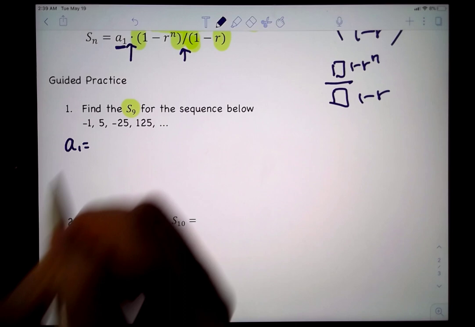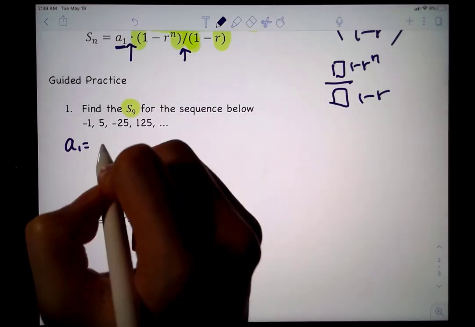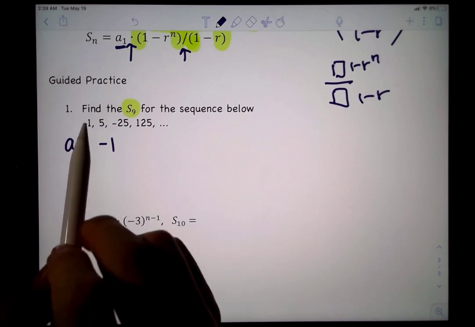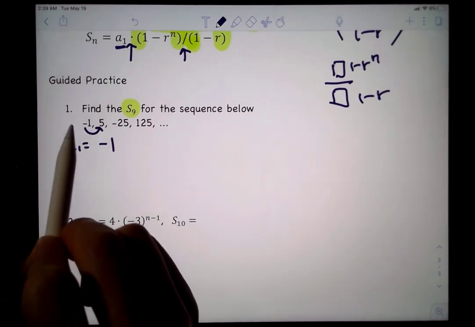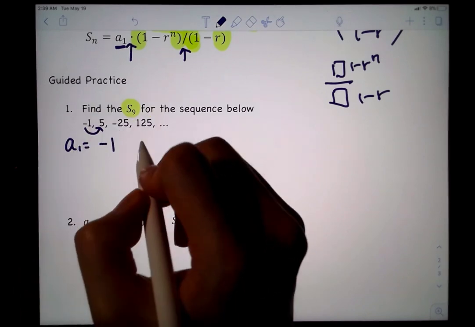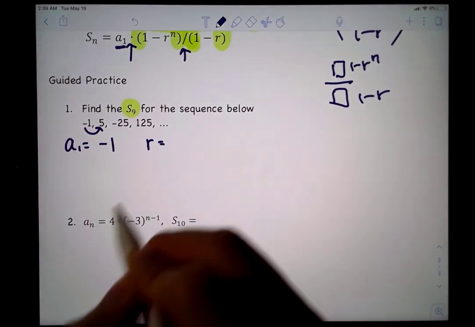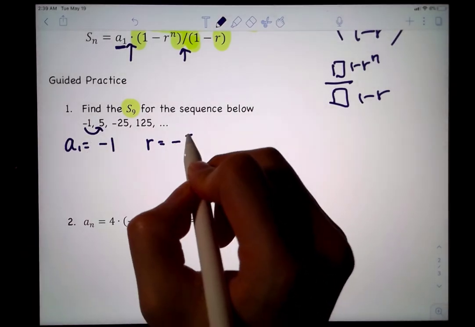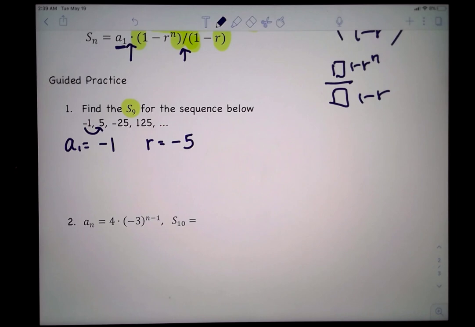My initial term is -1. And what about my common ratio? How do you get 5? The sign changes, negative to positive, so our common ratio is a negative value. To get 5, you multiply by -5.